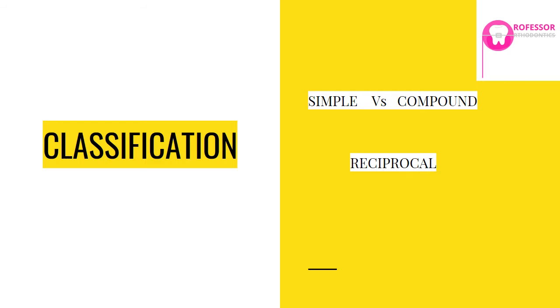Basically, single is where you have a single tooth pitted against another single tooth. One example would be closure of the midline diastema, where only one central incisor is pitted against another central incisor. Using an elastic, the left central incisor is being pulled towards the midline.